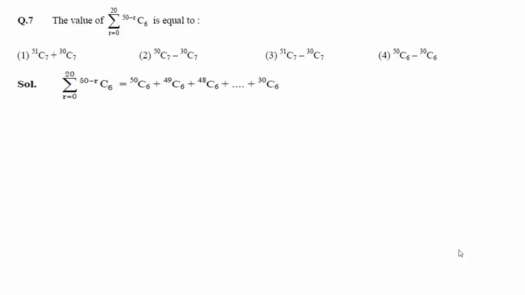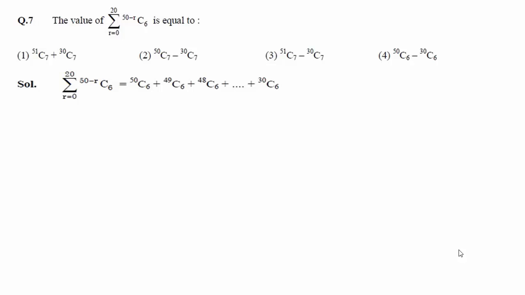Solution. The sum over r equal to 0 to 20 of (50 minus r)C6 is nothing but 50C6 plus 49C6 plus 48C6 and so on, up to 50 minus 20, that is 30C6.